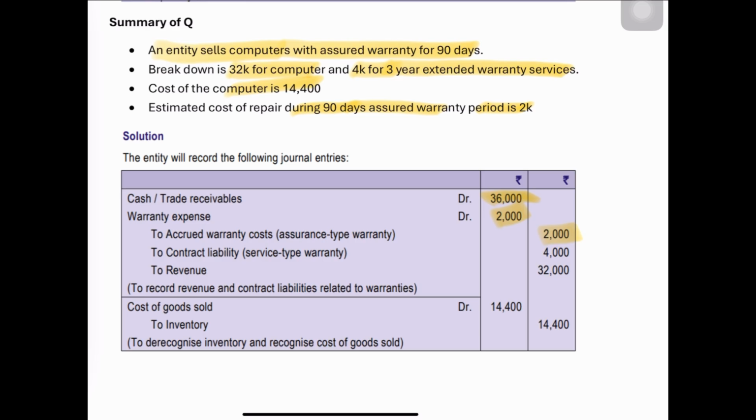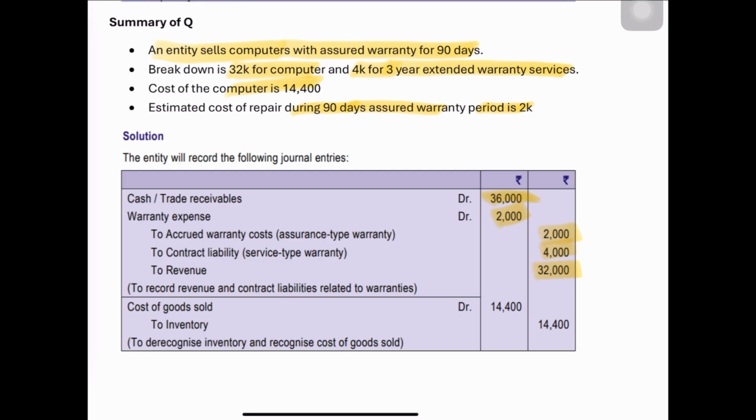Only 32,000 you can recognize as revenue, and the remaining 4,000 is a contract liability because you are receiving this towards the extended warranty, for which the service is not yet rendered. So that's the first entry for revenue and contract liability.